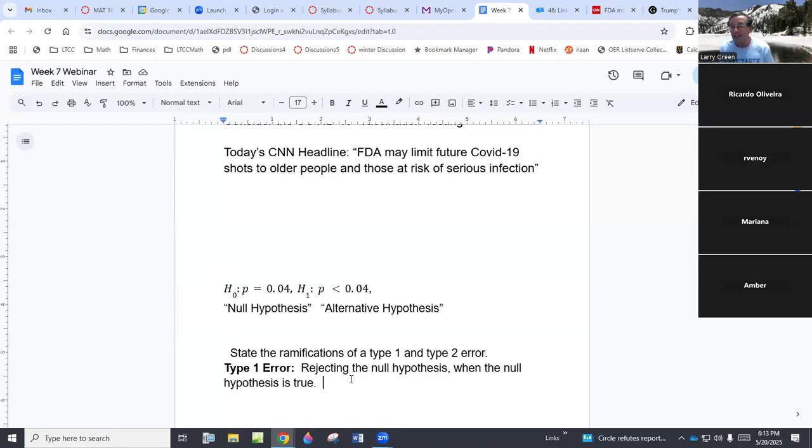When I got vaccinated, a month after, when it sunk in, I went and saw my family because I felt pretty safe and I wasn't going to kill my family or my friends. On the other hand, if the vaccination didn't work, then I might have gotten COVID from them, or maybe I got COVID and they get it from me. So there's all kinds of ramifications of a type 1 error.